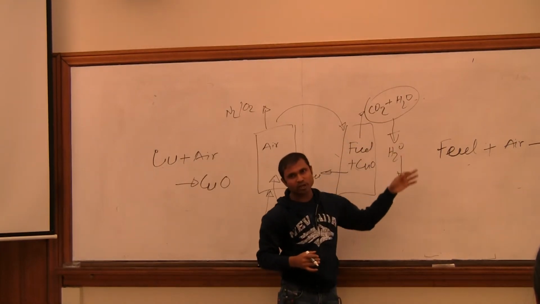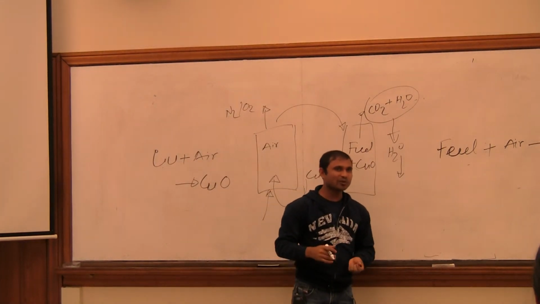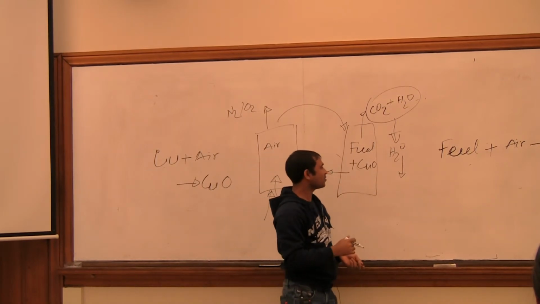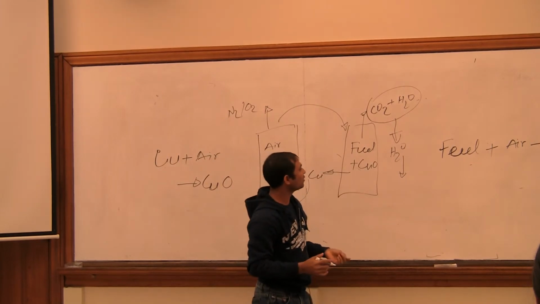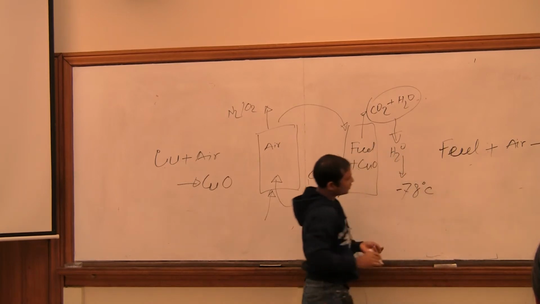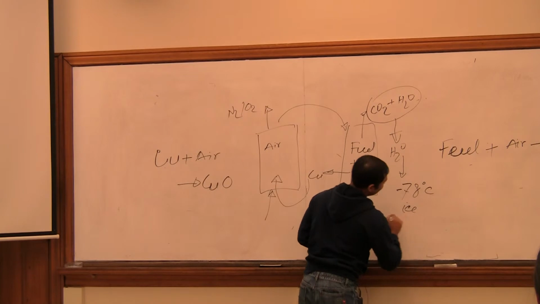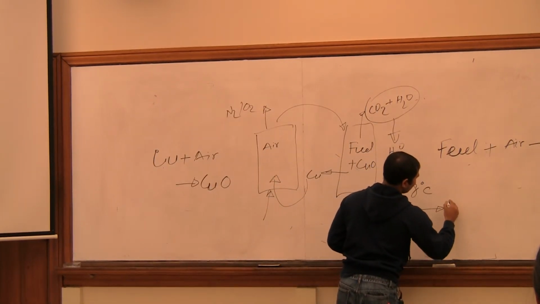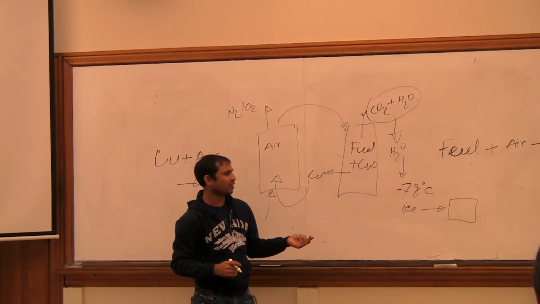Then you can use your pure carbon dioxide for other purposes, like Coca-Cola, which uses a huge amount of carbon dioxide every day to process those beverages. Or if you have more carbon dioxide, then you can go to that temperature, minus 70 degrees Celsius. Then you can get carbon dioxide ice. Then you can dump it into a geological formation underground. So you don't need to worry about that carbon dioxide anymore.